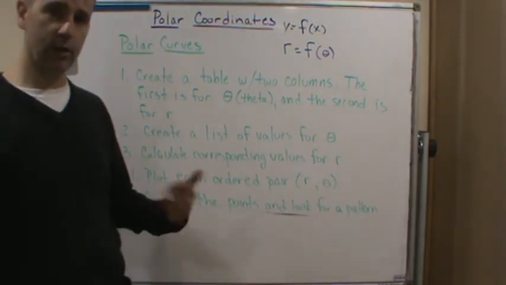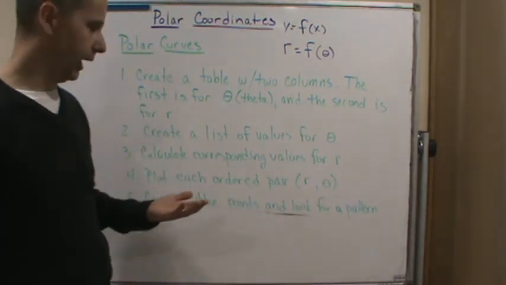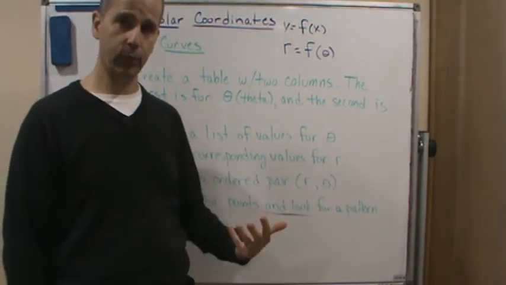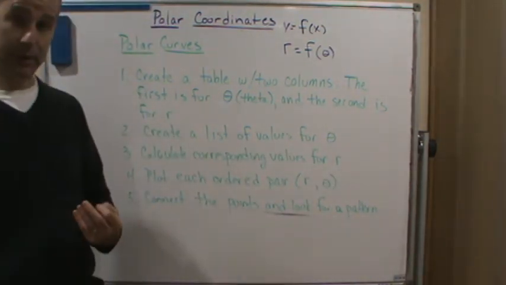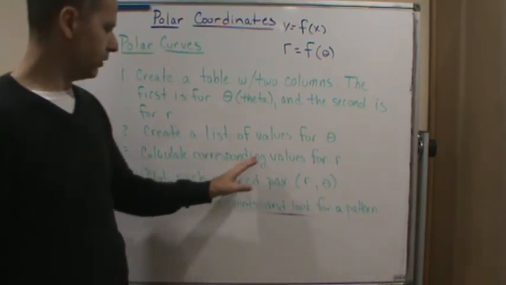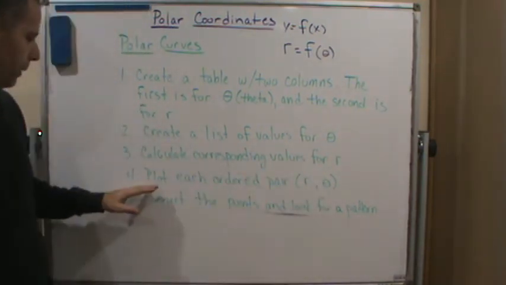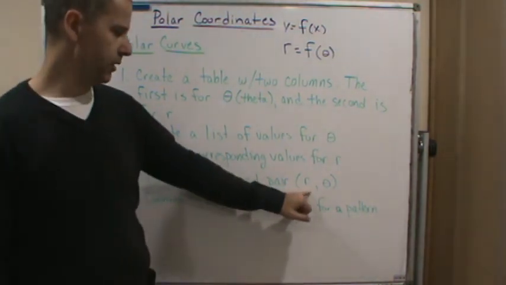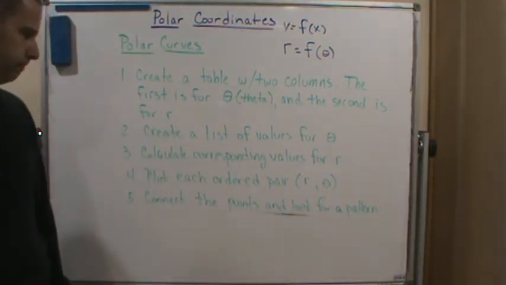We're going to choose the values of theta that we're going to use. It could be from 0 to 2 pi, right? It could be 1 revolution, just to see what happens. And then we're going to calculate the corresponding values of r.